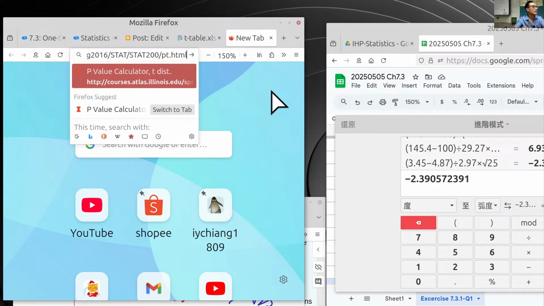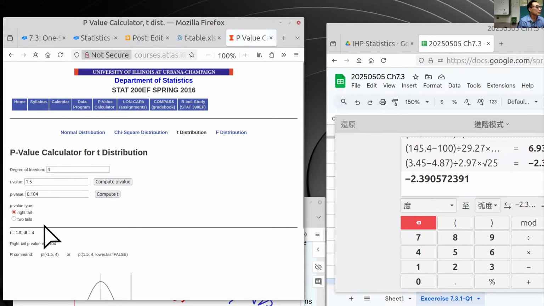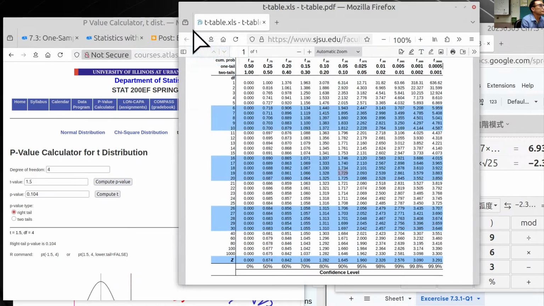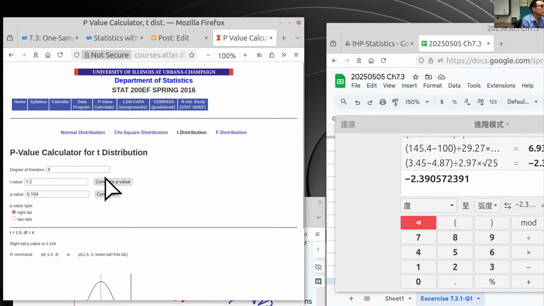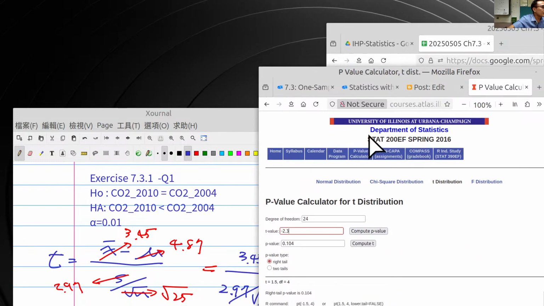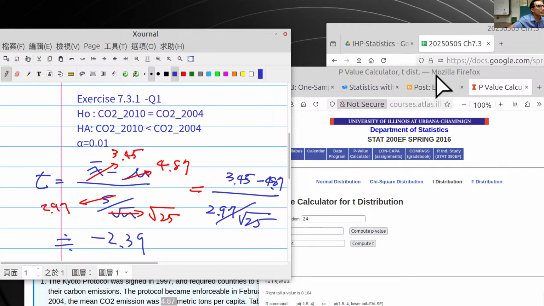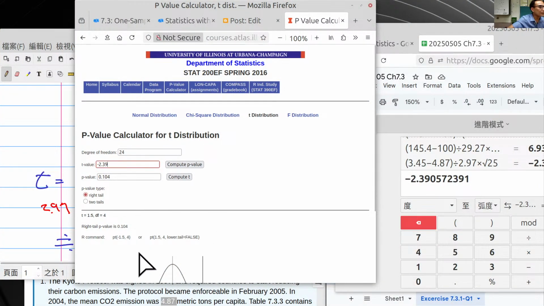As I shared the website with you, this is the p-value calculator for the t-distribution. The degree of freedom is 25 minus 1, that will be 24. The t-value we got is minus 2.39.